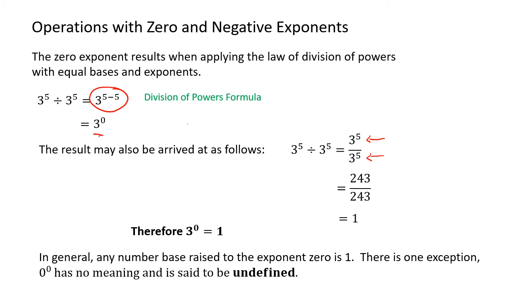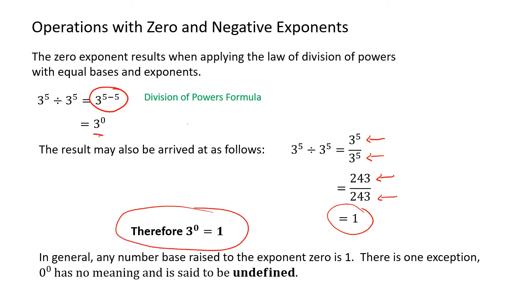Now, instead of using exponent rules, if you just multiplied those out, you'd have the same number in the numerator and the denominator, 243 and 243. And any number divided by itself is equal to 1. So what that means is any number that you have, or we can call it an algebraic term, anything to the exponent 0 is equal to 1.